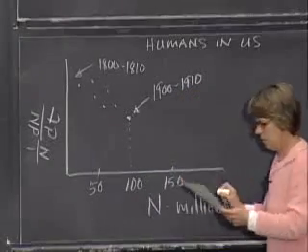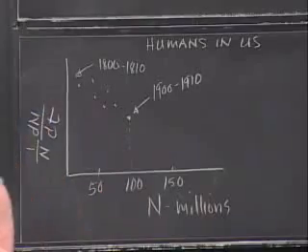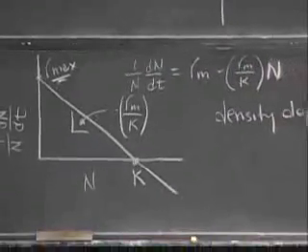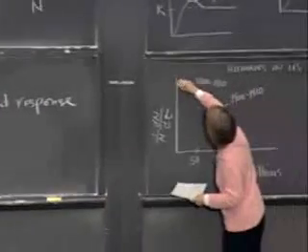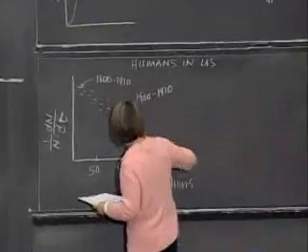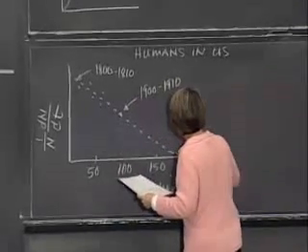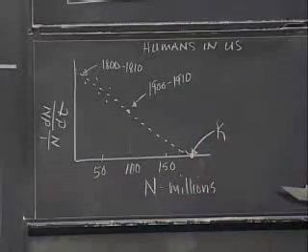So they asked the question, okay, we're modeling this population. We're saying it grows according to the logistic equation. We can predict the carrying capacity of the United States for humans by simply doing a regression through this and seeing where it intercepts. So that should be the carrying capacity.